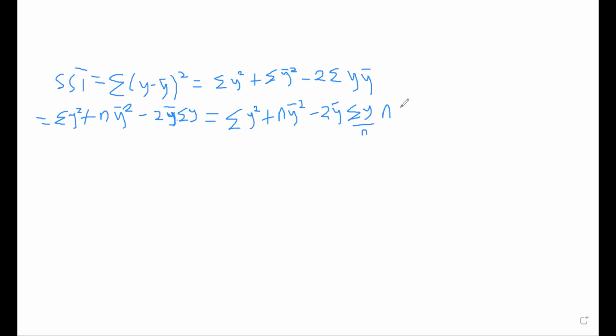So I can write this whole thing as summation y squared plus n y bar squared minus 2n y bar squared, because this becomes y bar, so y bar times y bar is y bar squared, there's n, there is 2.